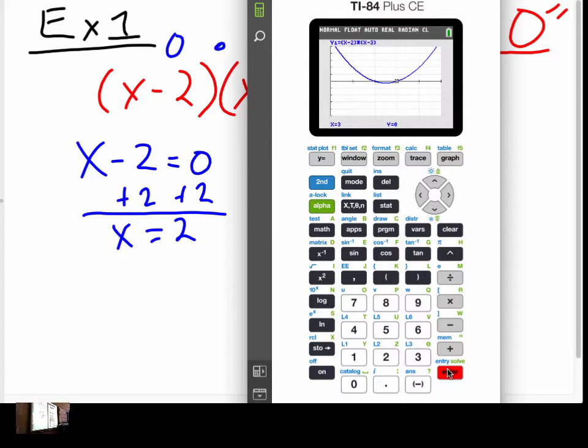Okay, it's like every time we graph it, it says quit. Oh, you've got your plots on. Let's turn all your plots off. Now it'll work. Okay. All right. So does that make sense?